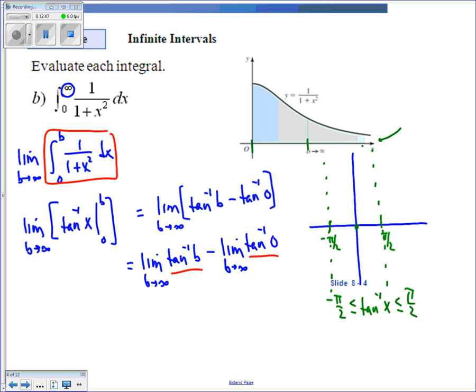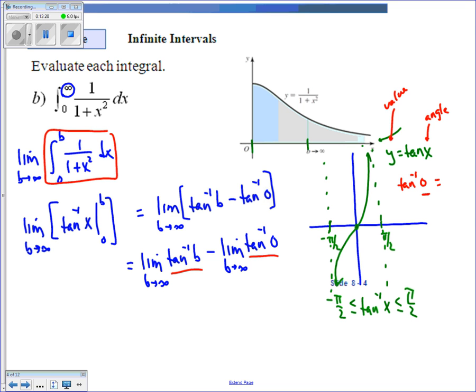Now, this is the graph of y equal to tangent. I'm not graphing the inverse function. I'm graphing y equal to tangent of x. And then this is the way the function approaches those asymptotes. Now, inverse tangent is looking at y values. So if I want to know inverse tangent of 0, look at where the value 0 is. Remember, tangent takes an angle and gives you a value.